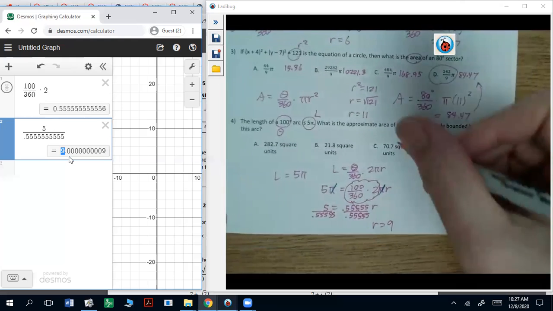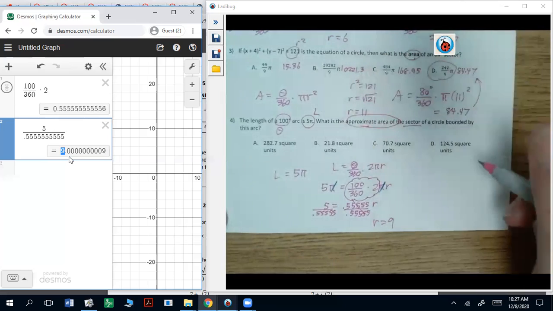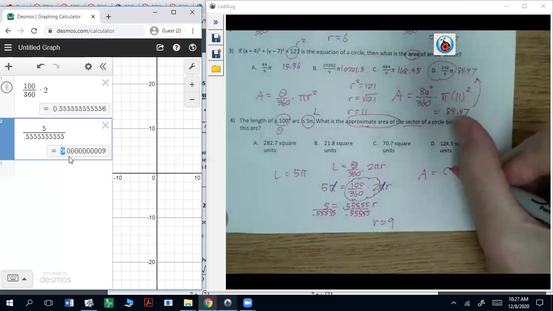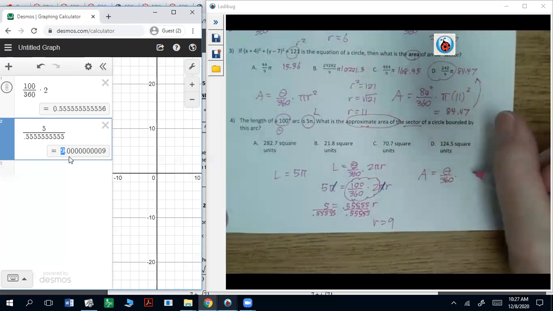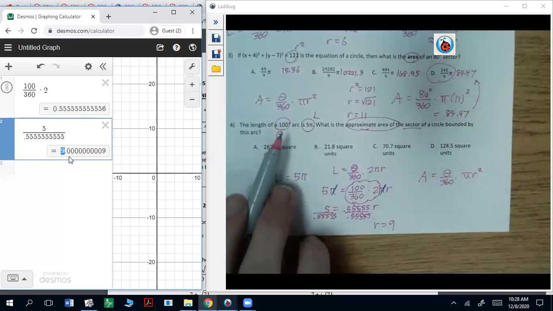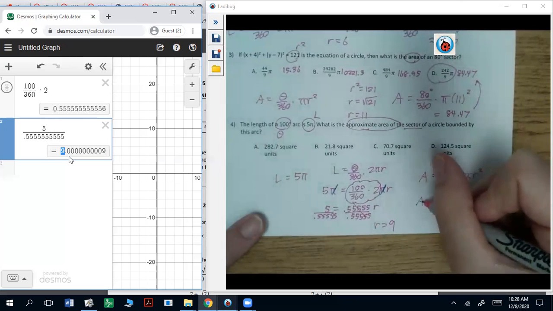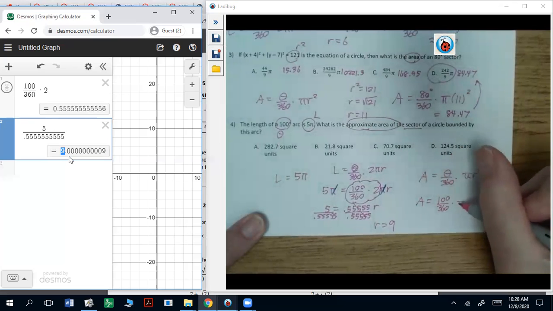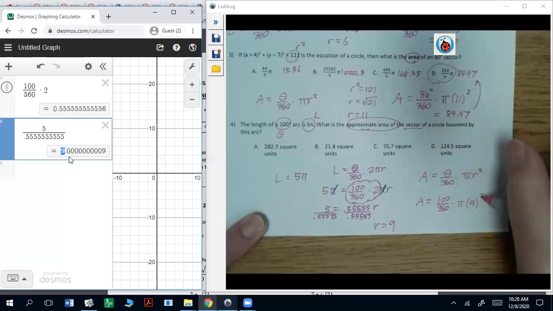Now the question wants to know what's the approximate area of a sector. So now I'm going to go to the area formula. Area equals degree over 360 times pi r squared. Well, my degree hasn't changed. That's 100. So area equals 100 over 360 multiplied by pi times 9 squared.